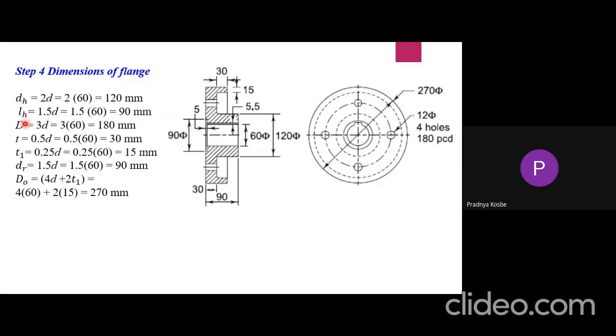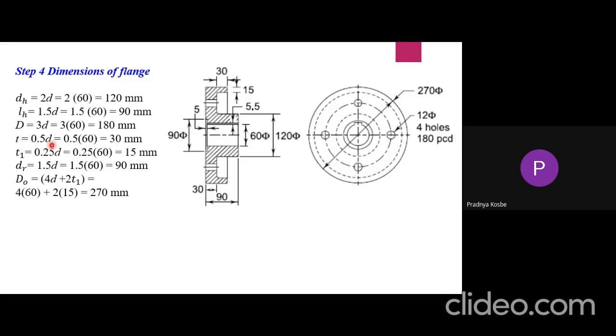Capital D is the pitch circle diameter for the bolts, where the bolts are mounted. Here you can see in the front view the position of the bolt. D is equal to 3 into the diameter of the shaft. So 3 into 60, that is 180 mm.